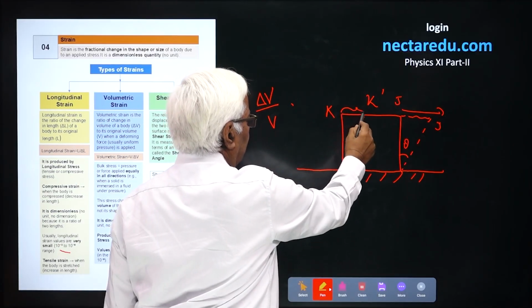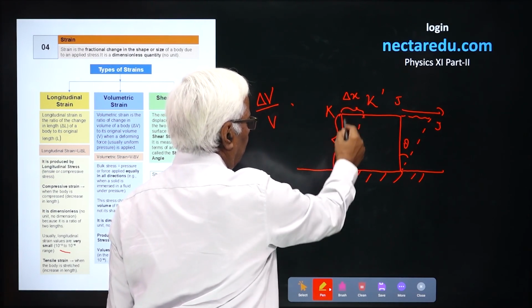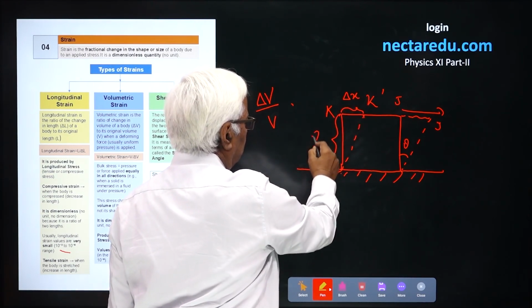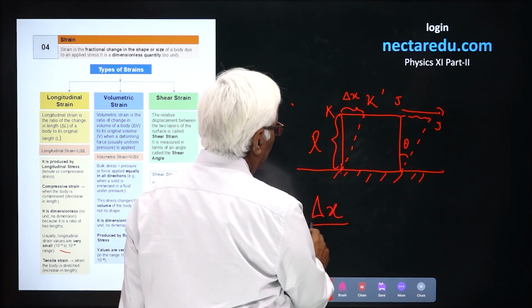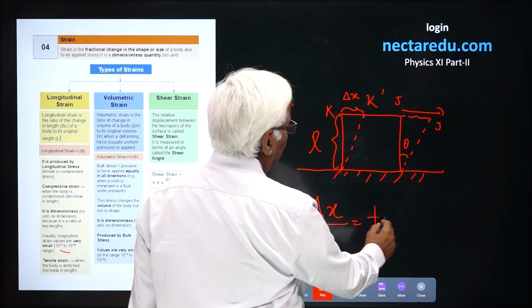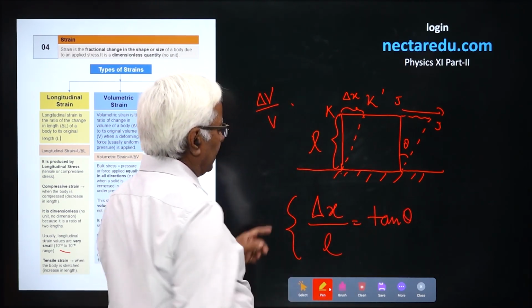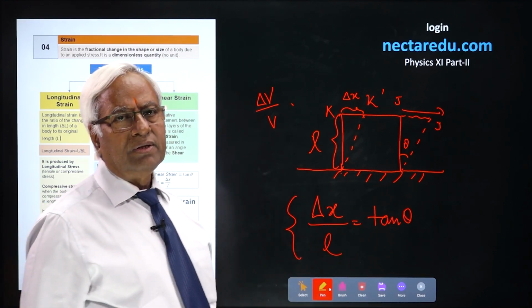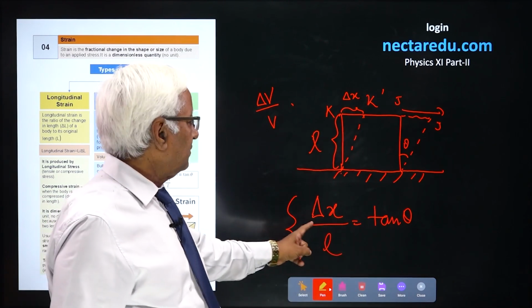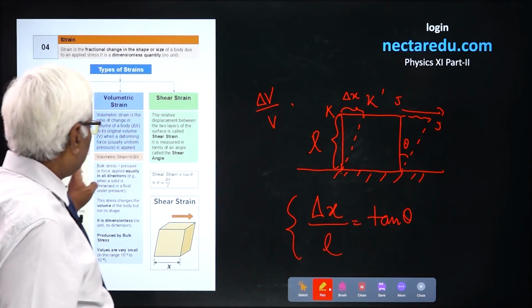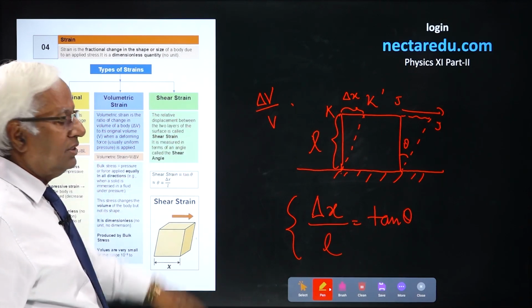This shifting is, say, delta x, and this is the distance from the fixed end, suppose L. Then delta x upon L is equal to tan theta, and this is known as shearing strain. We also use the term tangential strain for this. So, three types of strain I told you: longitudinal, volumetric and shear strain.